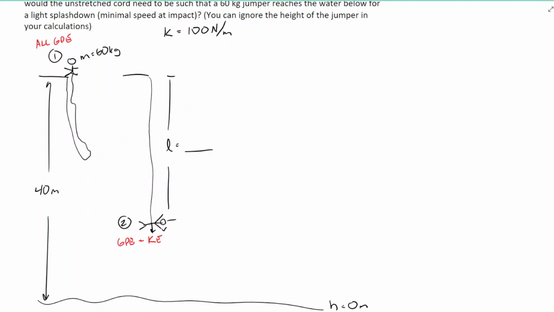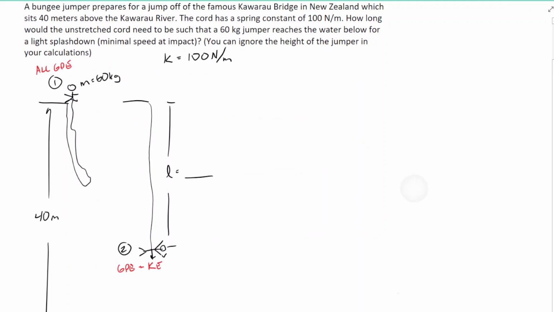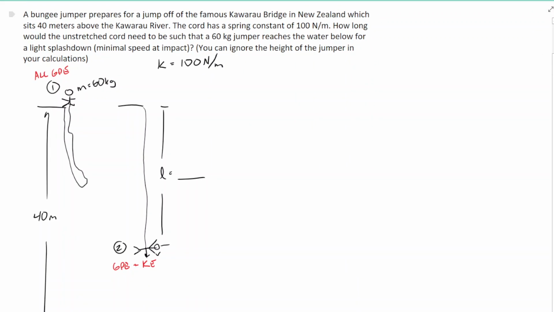Well, what happens if he, in this problem, gets just to the water's surface, right? The minimal speed at impact, meaning he's just kissing the water at the end. Well, let's look at that. In this case, the cord is fully stretched, and he's just kissing the water at the bottom, right?